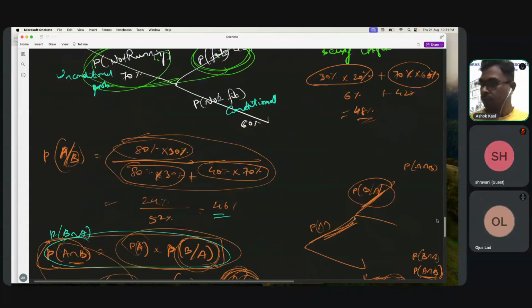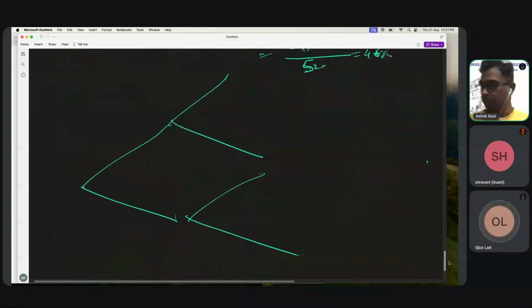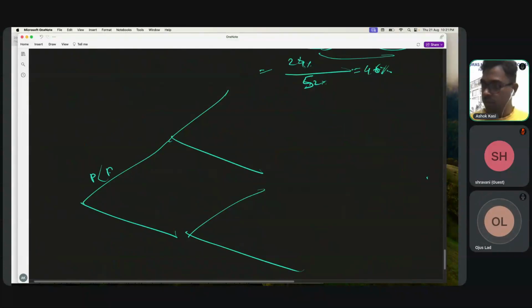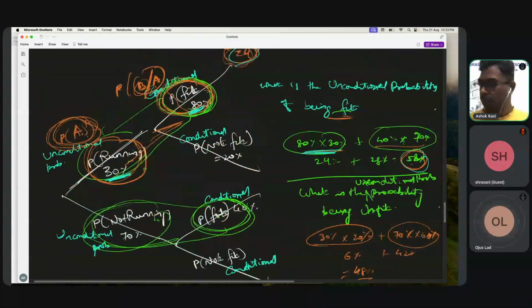So the probability of running, not running is 30-70. So this is the original question. Running 30, not running 70. Then the probability of being fit is what? 80, 20, 40, then 60.